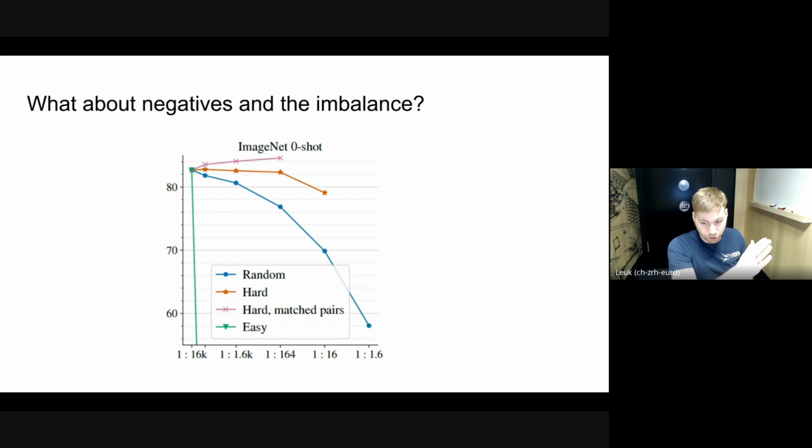So we go through the same number of image text pairs, or training examples, but only for half of the pair combinations do we actually get a loss. Then we get this blue point. And then this is like 1/16th, and then 1/60th, and so on. So we get worse and worse.